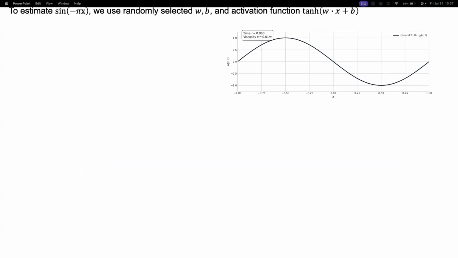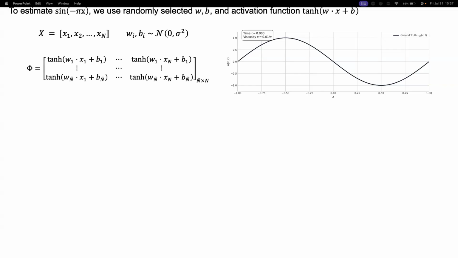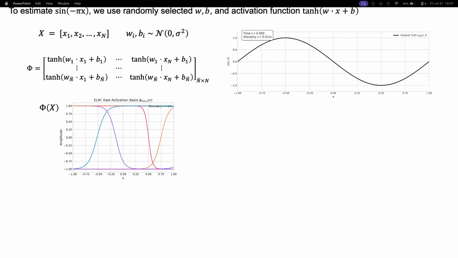Let's move on. Let's see an example, because everybody is confused. Assume that we want to approximate this sine function. We randomly sample x, Wi and Bi from the normal distribution and Latin hypercube and form the basis functions. It looks like this, and each row corresponds to one hyperbolic tangent.